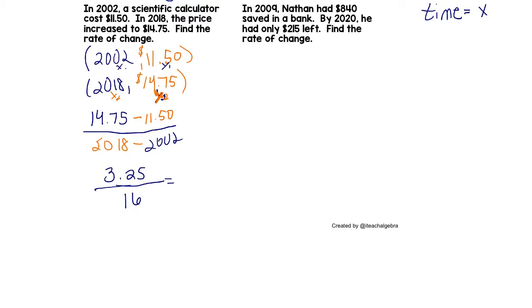And that's going to be 0.20. We'll round to 2 decimals. So 0.20 or 20 cents per year.